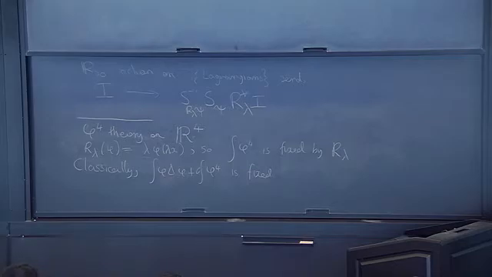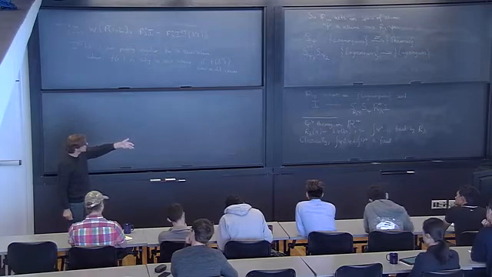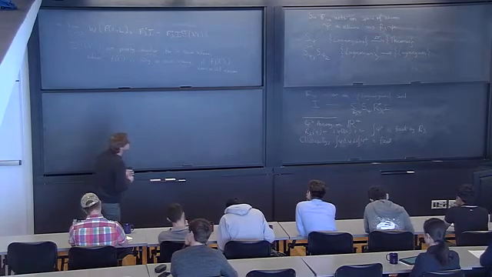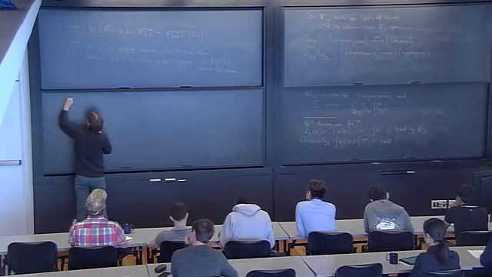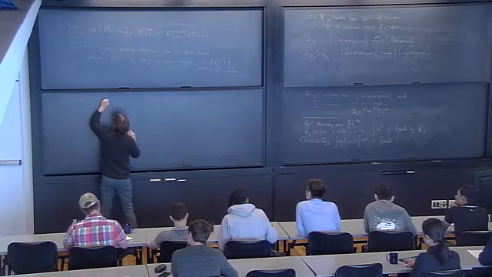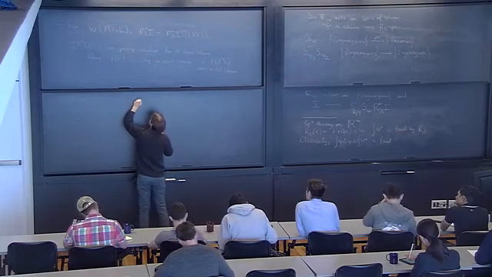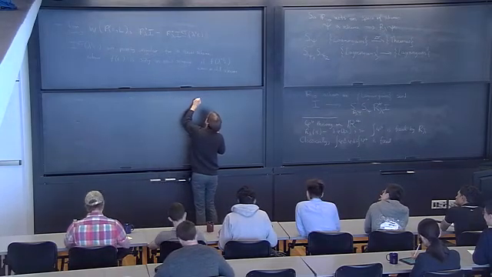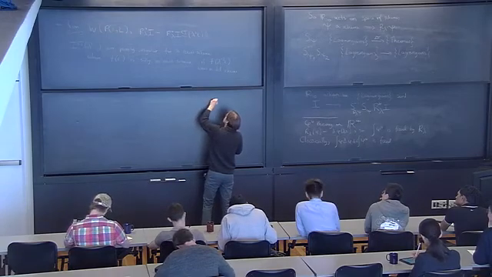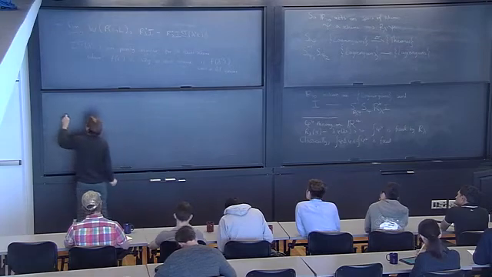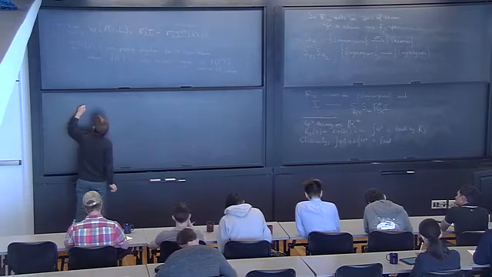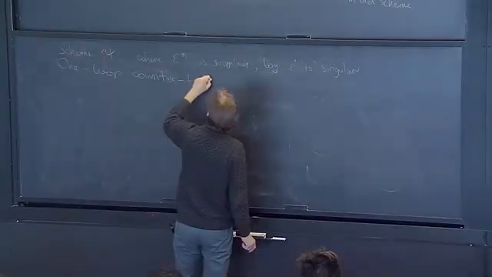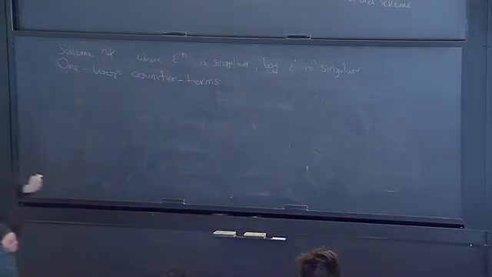To understand what happens at one loop, we are going to have to write down the one loop counterterms and see how they change when I change the scheme. So we'll start with a scheme psi where epsilon minus n is singular and log epsilon is singular. The one loop counterterms we already computed for the phi cube theory, but actually they're the same.